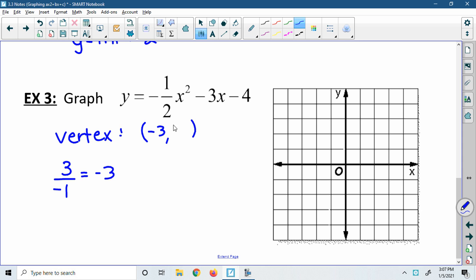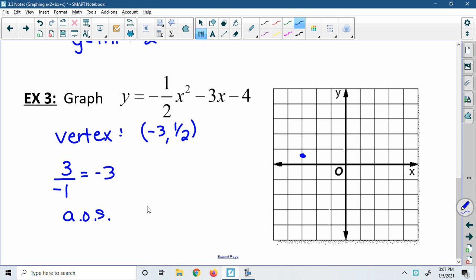On my calculator a couple minutes ago when I did this, I stuck a negative 3 in for all of those x's, and I got out a positive 1/2 for the y-coordinate. See how this might be tricky just to try and do in your head by plugging in a negative 3 there in your brain? That's why I really like to do it in the calculator. So our vertex is negative 3, 1/2.